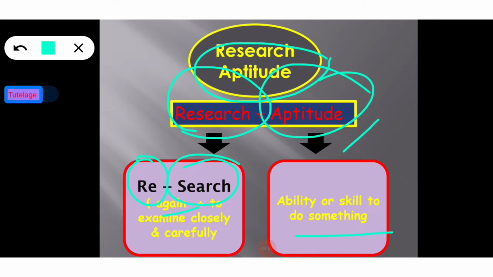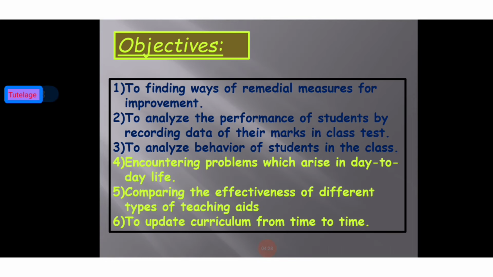Research means to examine closely and carefully, and aptitude means ability to do something. So research aptitude is the ability or skill to systematically, carefully, closely examine a procedure or an activity for formalization or generalization of theories. Clear? Now let's move on to the next slide.